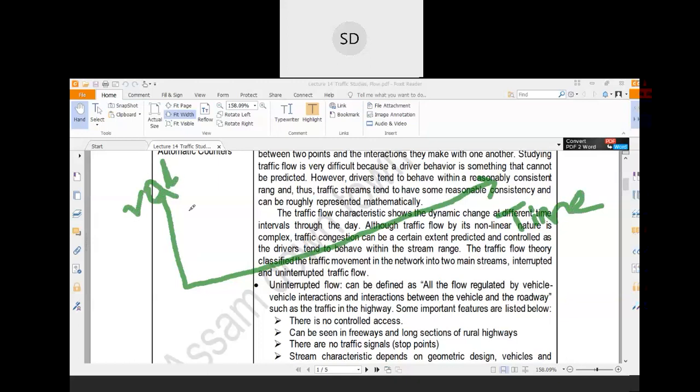If we divide the time into different hours, like 0, then 1, then 2, and plot the traffic volume data, you will get data like this.